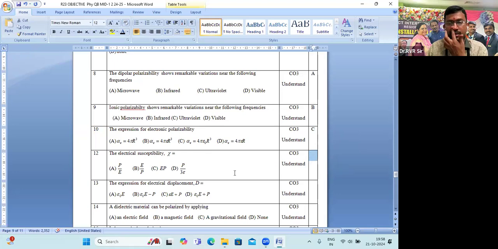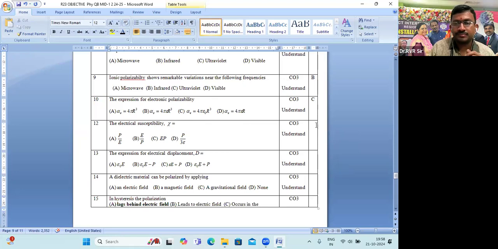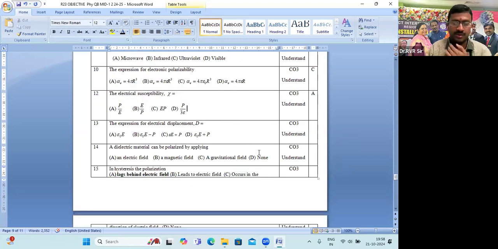Now the electric susceptibility chi equals polarization per unit electric field, option A is the right answer. The expression for the electric displacement D equals epsilon naught E plus P, so option D is exactly correct.